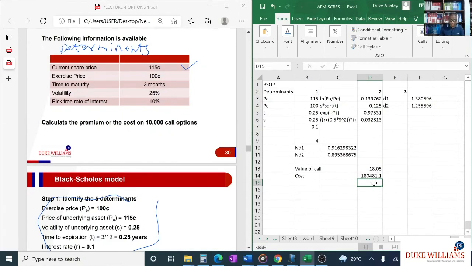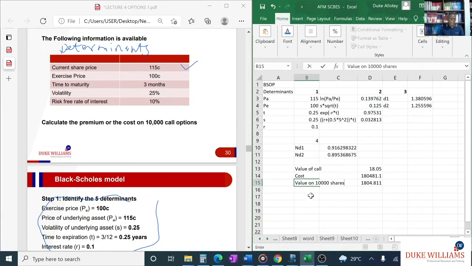So in terms of dollars, it is going to be this divided by 100, I suppose. So it's like 1,800 dollars to pay for a call option on 10,000 shares. So that is it. So value on 10,000 shares if you want.